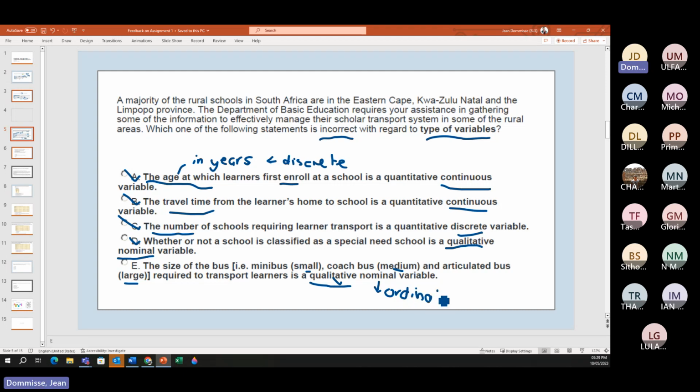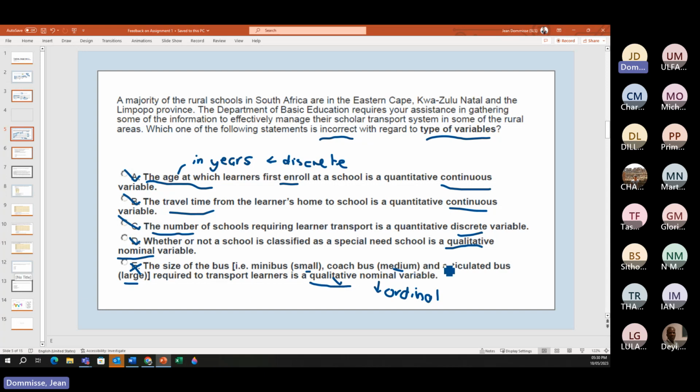So that is nearly the difference between D and E. D is a yes or no answer, but E is, is it small, medium, large? So there's actually order in that, and sometimes that is very tricky to see in the question.